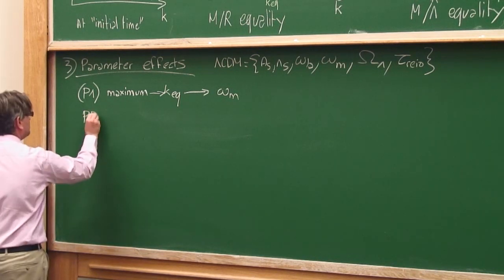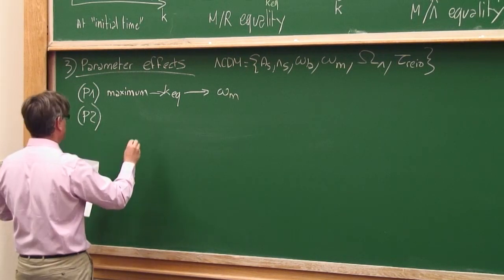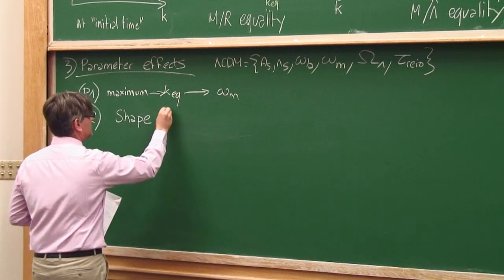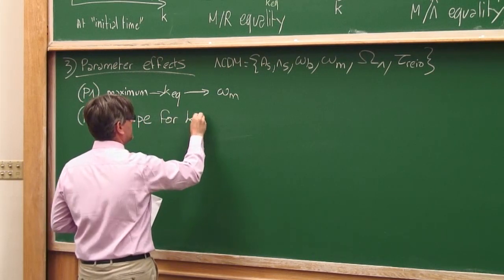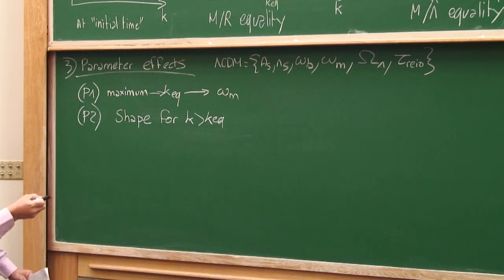The effect P2 is the shape of the power spectrum for k bigger than k_equality. When we are in this region here, its slope depends a lot on how many baryons we had with respect to cold dark matter. It tells you, in the weighted average, if you are closer to the baryons or to CDM.